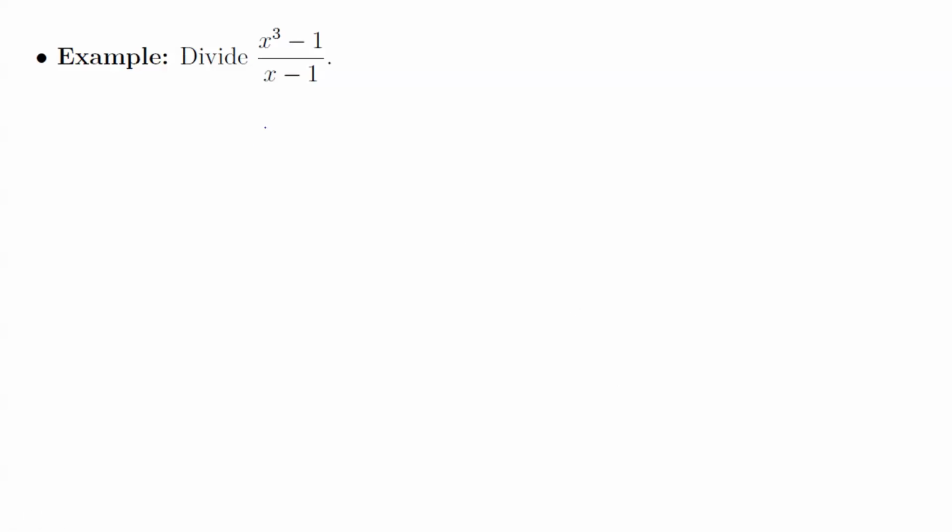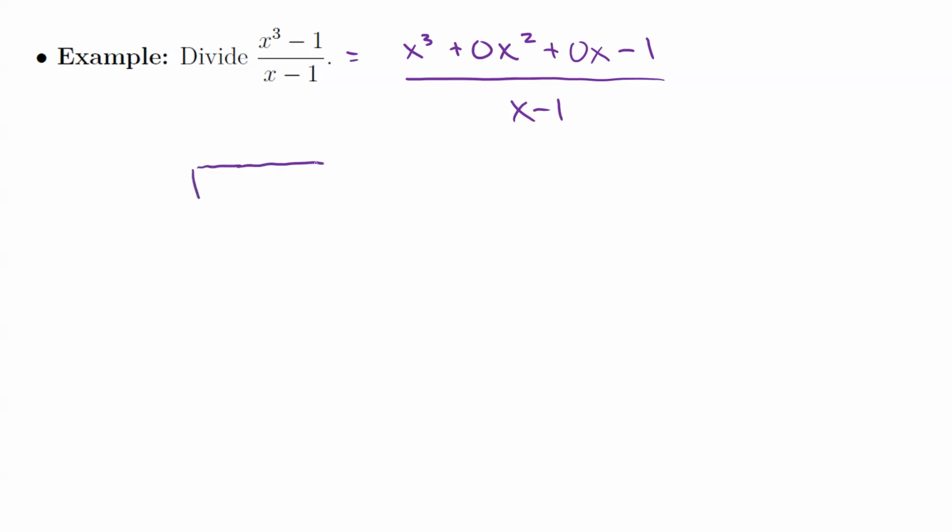All right, so for this first one, we are going to need some placeholders for sure. There's no x squared term, there's no x term. So we first understand that we need two placeholders. So x cubed plus 0x squared plus 0x minus 1 underneath, and then x minus 1.